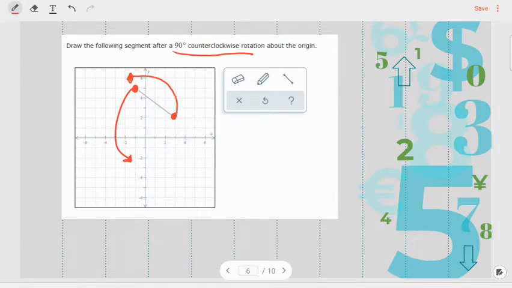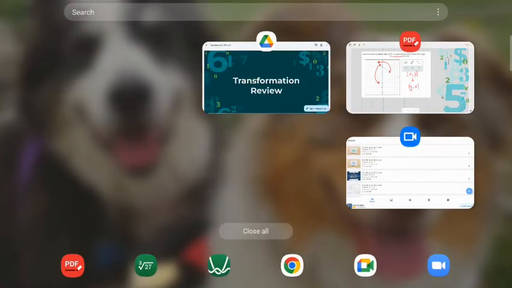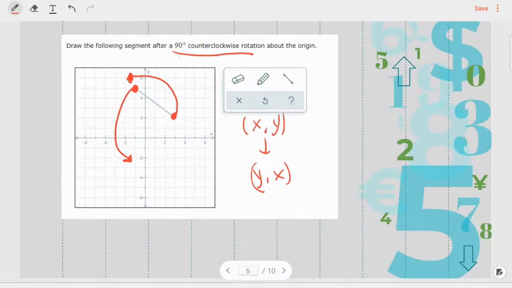So keep in mind a couple things about 90-degree turns. With 90-degree turns, I take my x and y and I flip-flop them, and I'm going to take whatever positive or negative is in these quadrants.